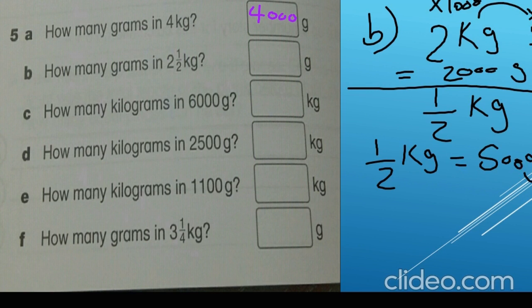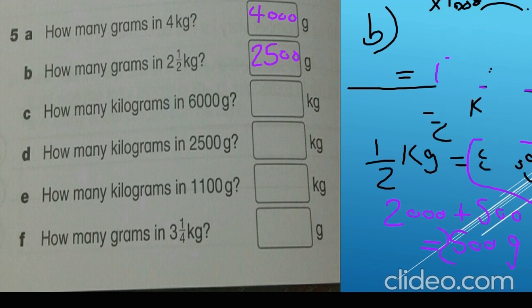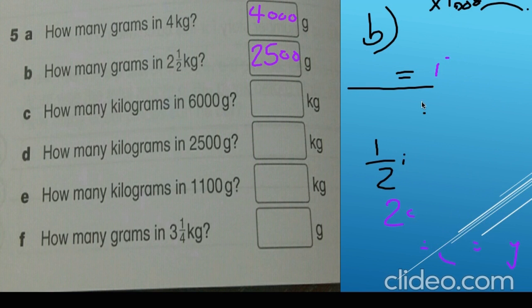So now, I will take the first value, 2,000 grams, and this one, and add it together. So the answer will be 2,000 plus 500 equal to 2,500 grams. So the answer here will be 2,500 grams. C. How many kilograms in 6,000 grams?